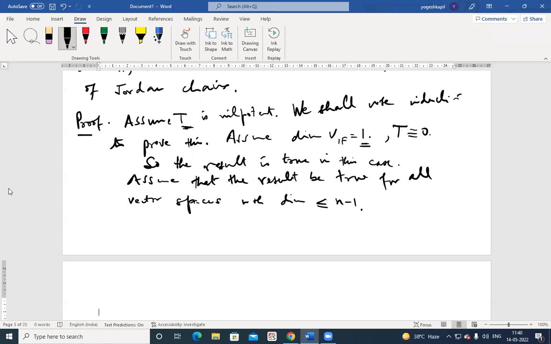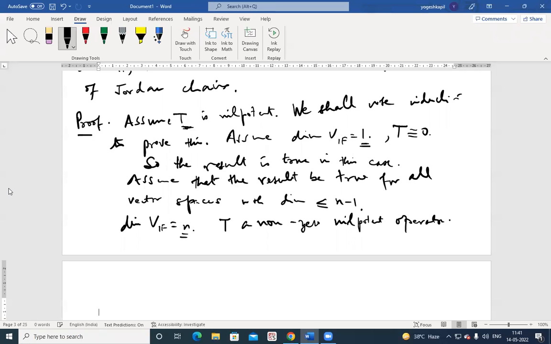So here, since the dimension of V is n, therefore we have T a non-zero nilpotent operator.